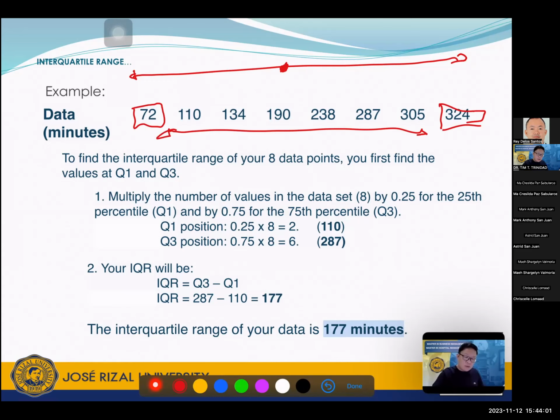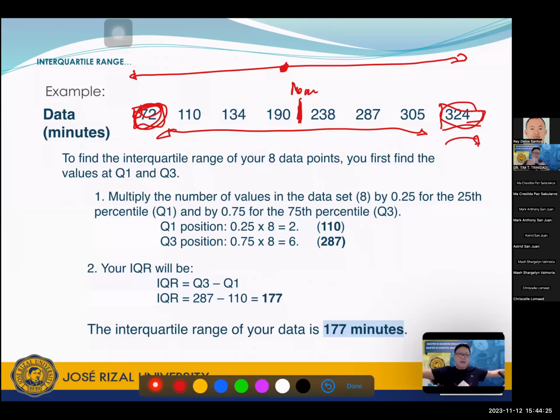When we look at the center, this is what we mean by the mean. But when we say how dispersed, how wide, we take a look at the extreme measures, this one and this one. When we talk about the mean, we don't look at those extremes or both ends.